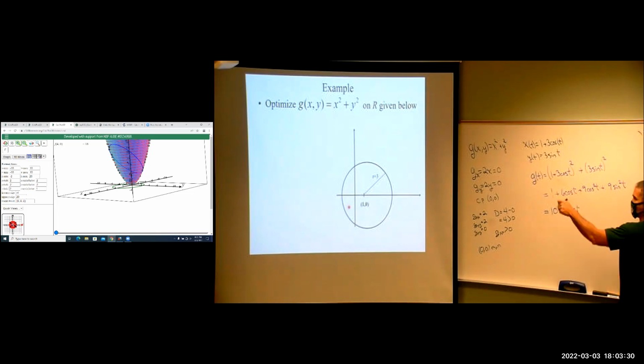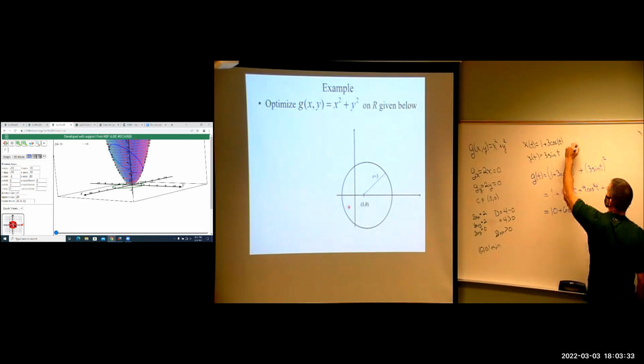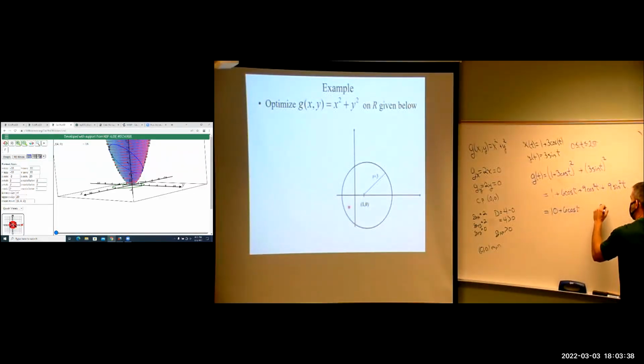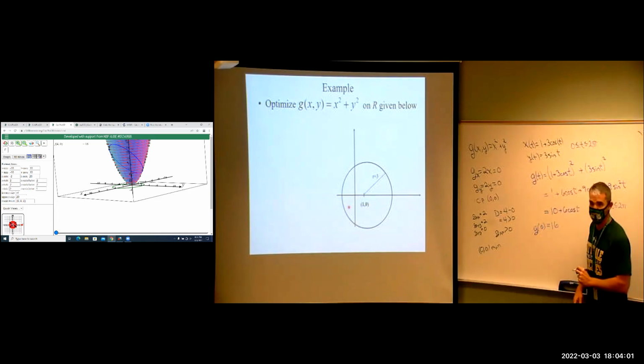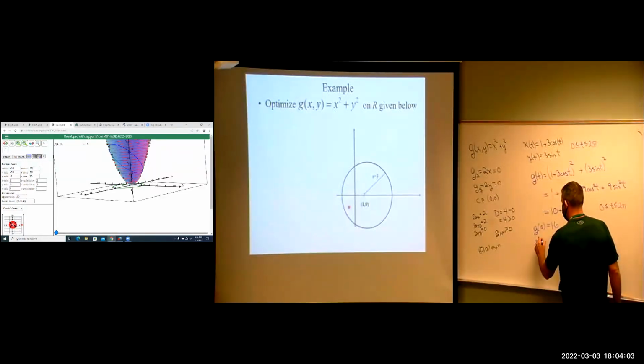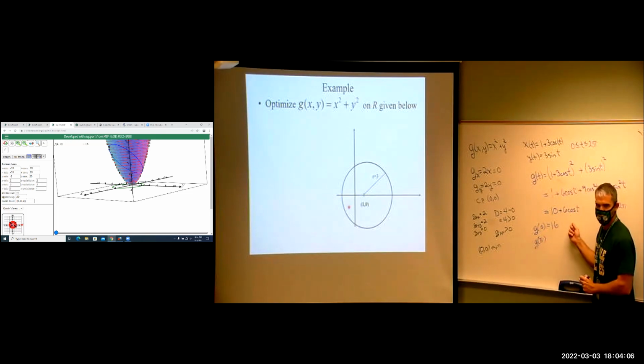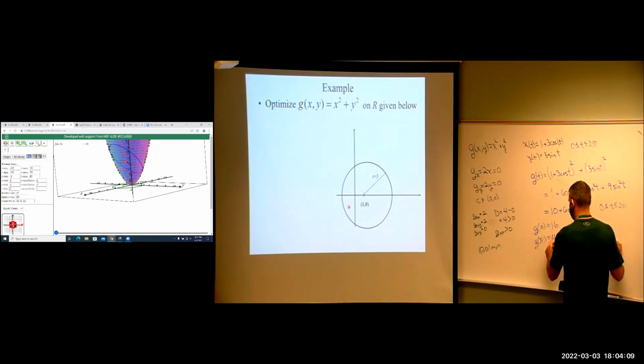Our t, we're just going around the circle, is between 0 and 2 pi. But this is an easy one to do because cosine, the smallest it is is -1, biggest it is +1. So the biggest we're going to get is at g of 0, which is 16, which we saw in the graph, right? And the smallest we're going to get is at g of pi, which would have been our critical point from here, which is 4.